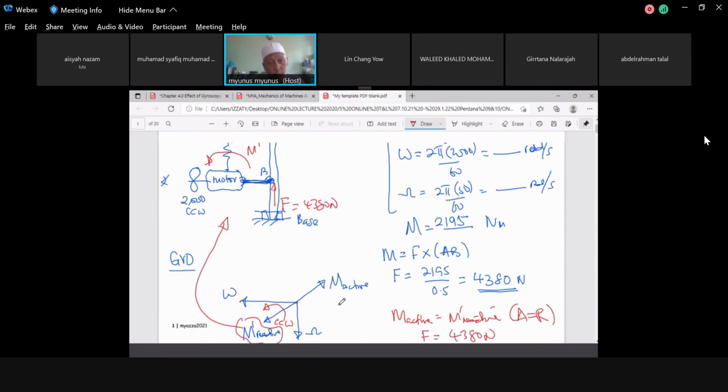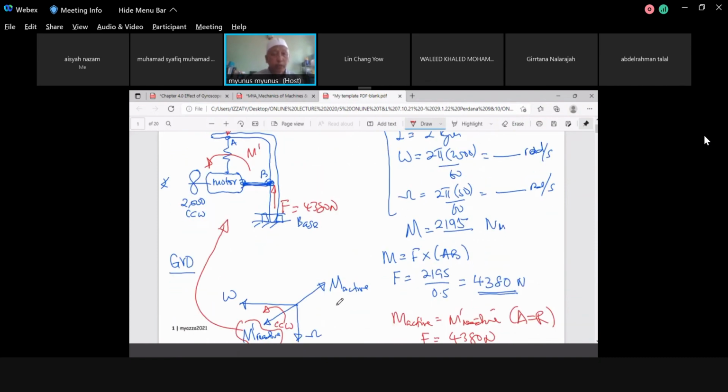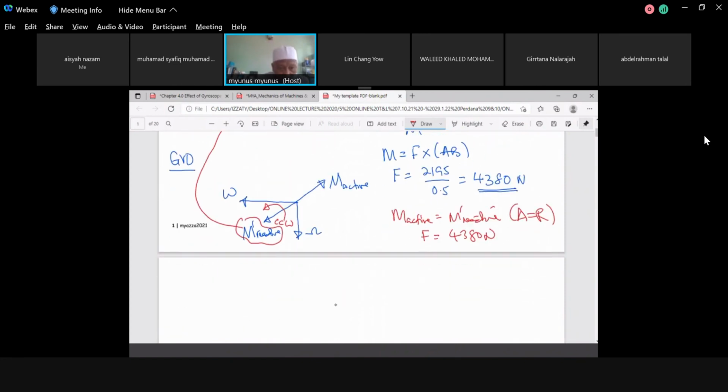Okay, now what happened to the extension? Remember, F spring is equal to k delta, or perhaps you are not using delta in your dynamics.